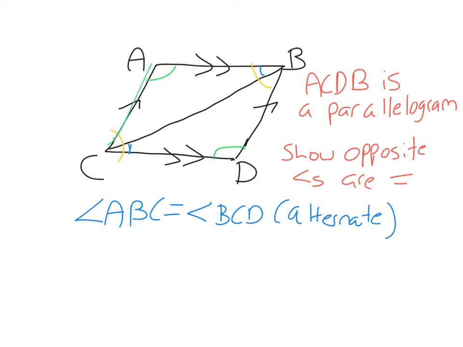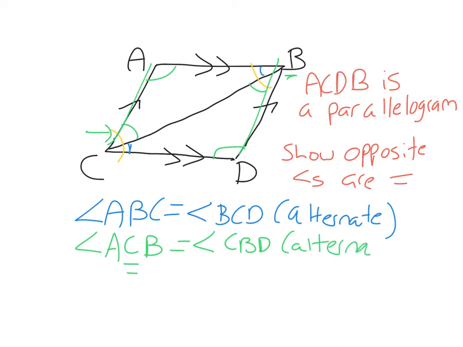Because this line and this line are both parallel, I have another Z shape there and there. So those 2 angles are equal. So this one here, I'm going to call angle ACB. Again, the angle is at vertex C, so C has to be in the middle, and that is equal to angle CBD. B has to be in the middle because that's where the angle is, and they're also alternate.